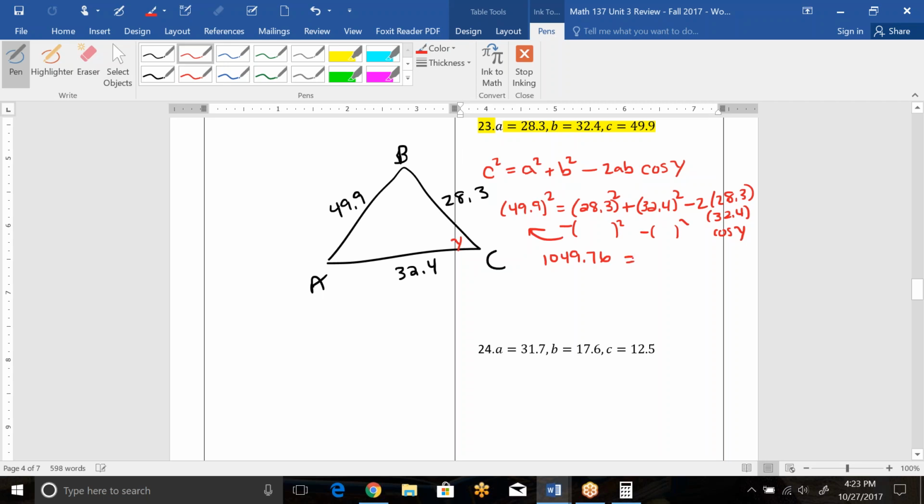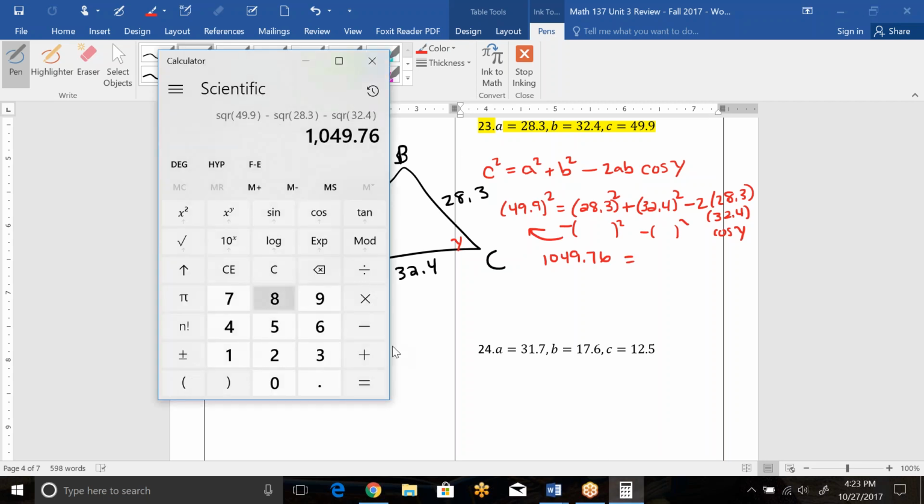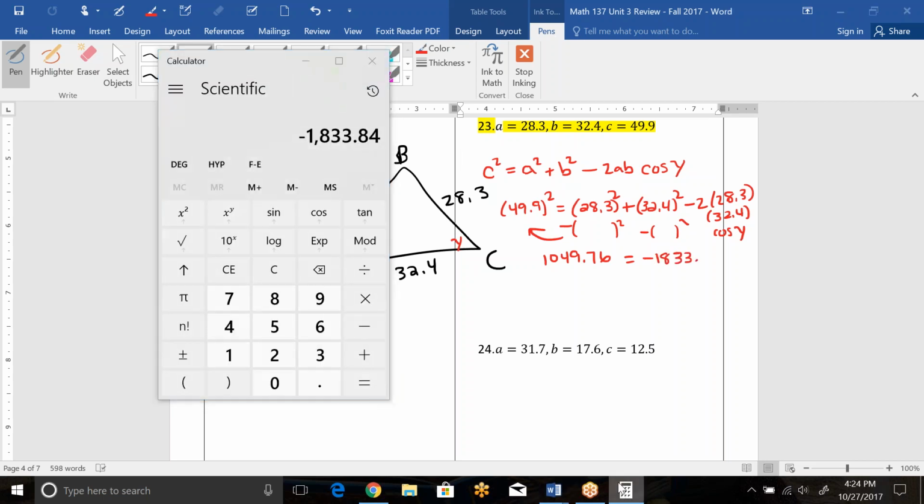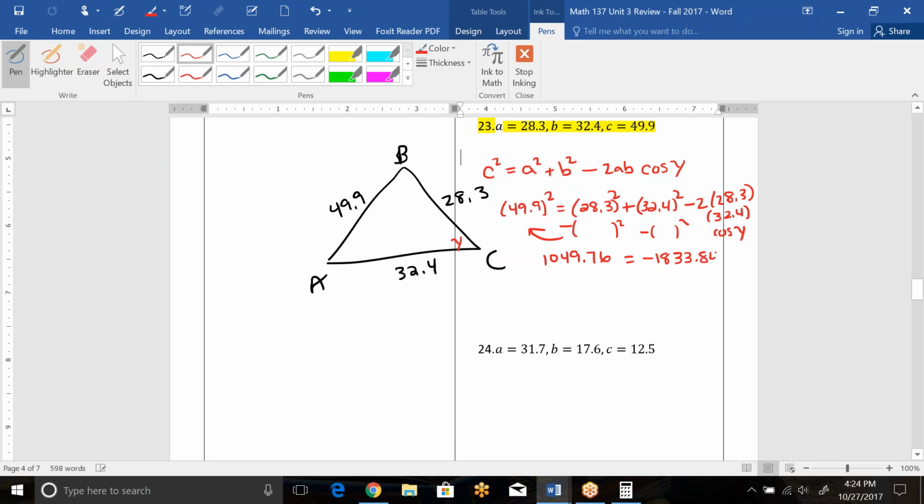And then I would still have this negative 2 times 28.3 times 32.4, and that's negative 1833.84 cosine gamma.